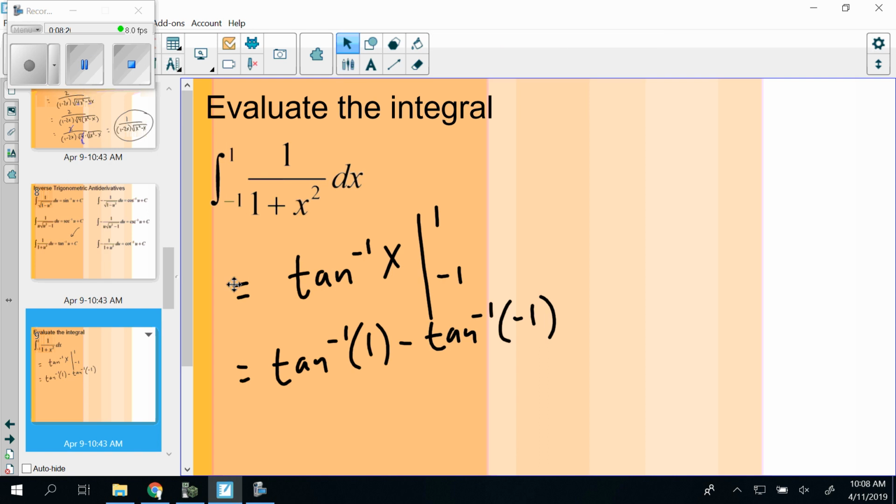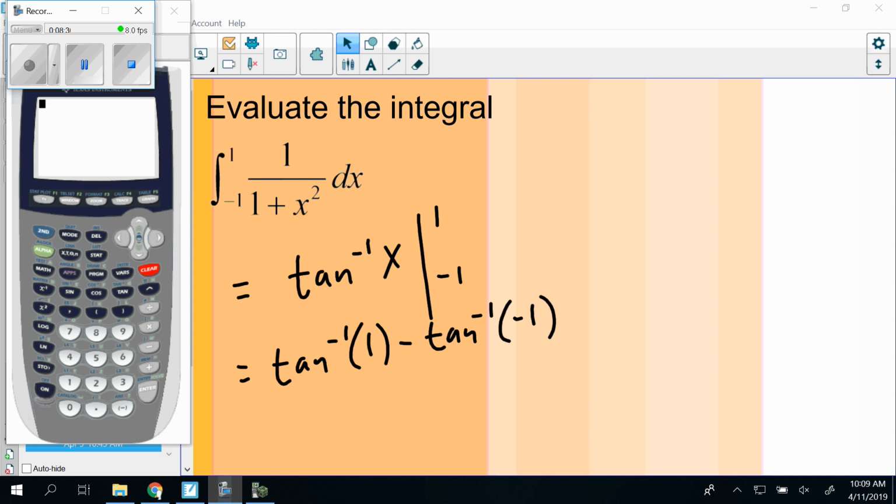So now let's jump on the calculator and see what we get here. If we do inverse tangent of 1, we get this. Now that doesn't look like an exact answer like we need to answer with on the exams, but you got to remember, inverse tangent finds angles.